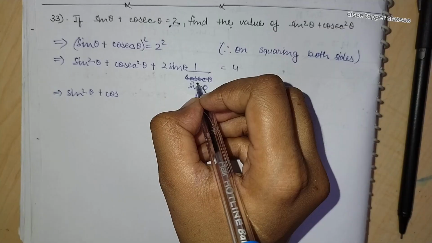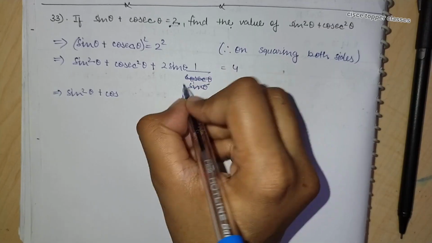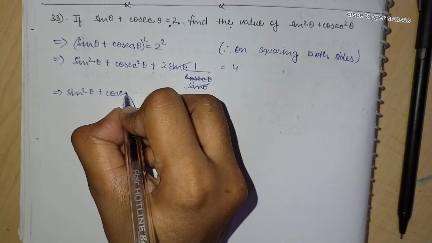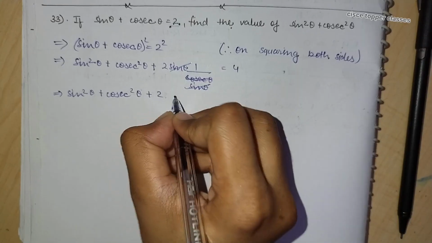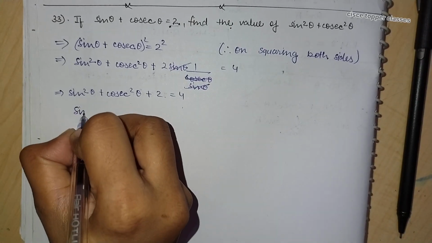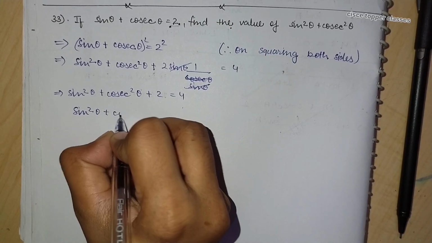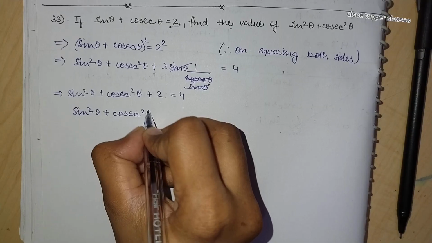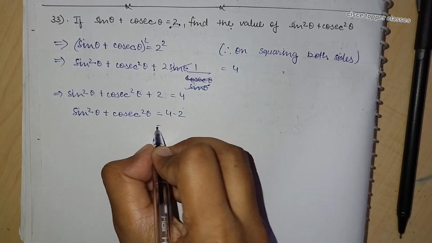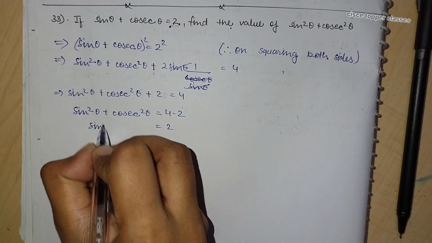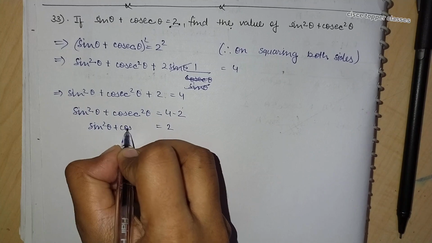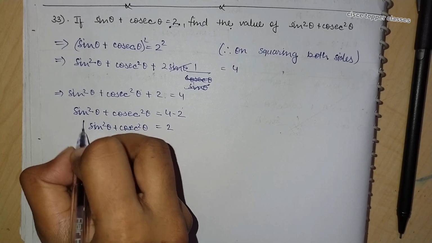Cosec theta is the inverse, so on ratio we can take 1 by sin theta. This will be cancelled out and here we will get 2 plus 2 equal to 4. So from that we can write sin square theta plus cosec square theta is equal to 4 minus 2, which is equal to 2. So this is the final answer in this question which we have to find.